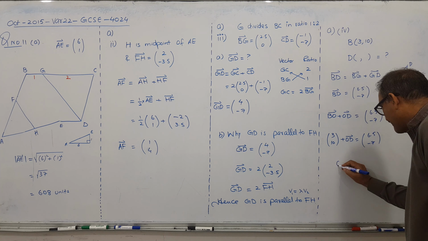So the OD vector is equal to 6.5 and minus 7 and minus, but hold on, this is BO, that is OB. So BO means I have to make a minus sign outside. Okay, what is the reason?